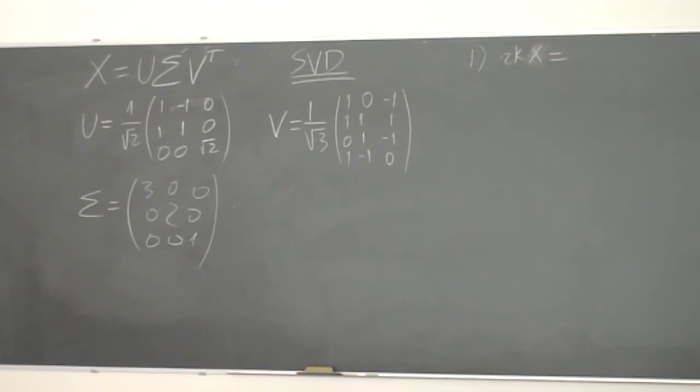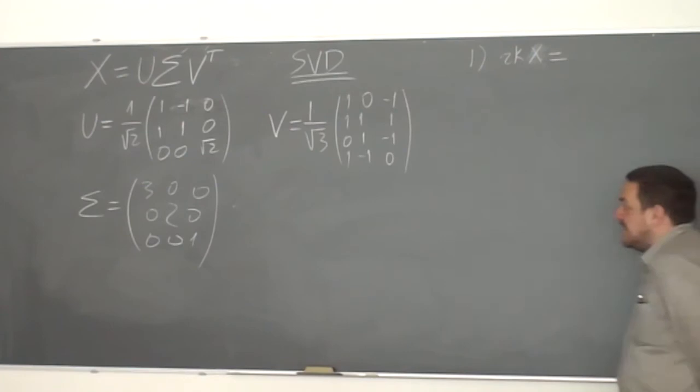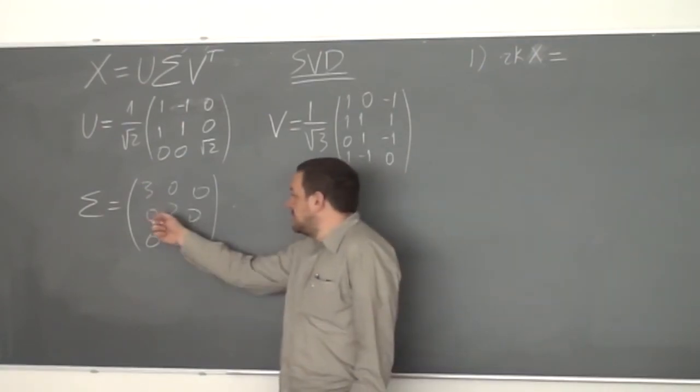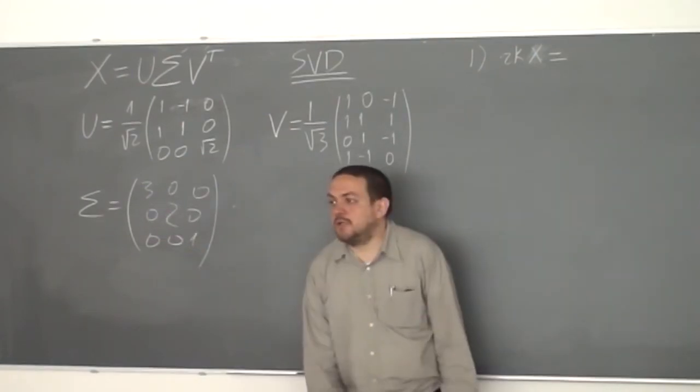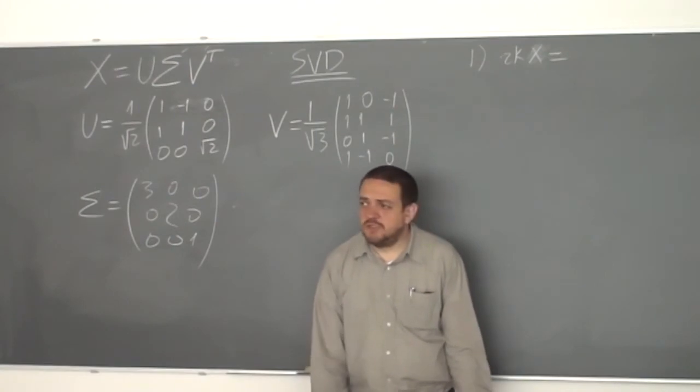And the answer is immediate. Okay, somebody has proposed 3. Why? Well, simply, if this is a valid SVD, then the rank is given by the non-zero entries in this diagonal.